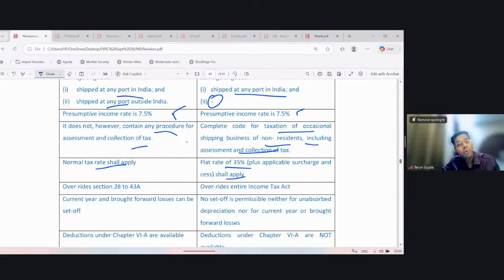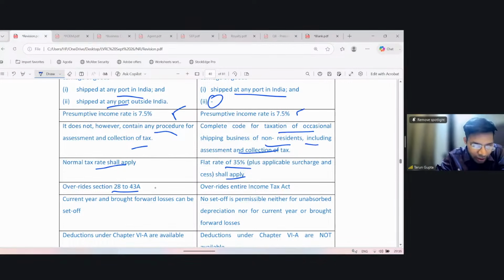That is the rate applicable to a foreign company. So under 44B, the normal tax rate as applicable to the assessee shall apply. If the assessee is an individual, then his income is taxable at slab rate. But under 172, even if the assessee is an individual, the tax is levied at the rate of 35% plus applicable surcharge, as is applied in the case of a foreign company.